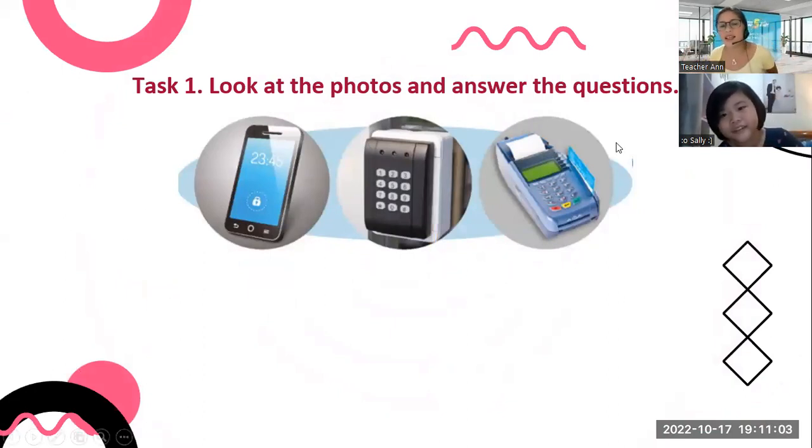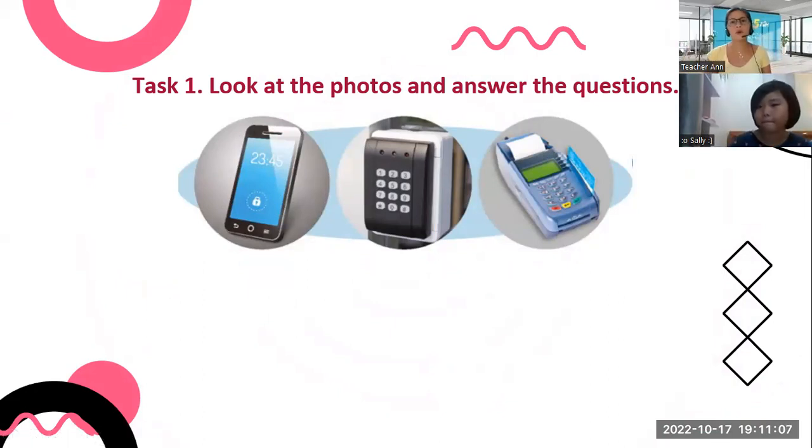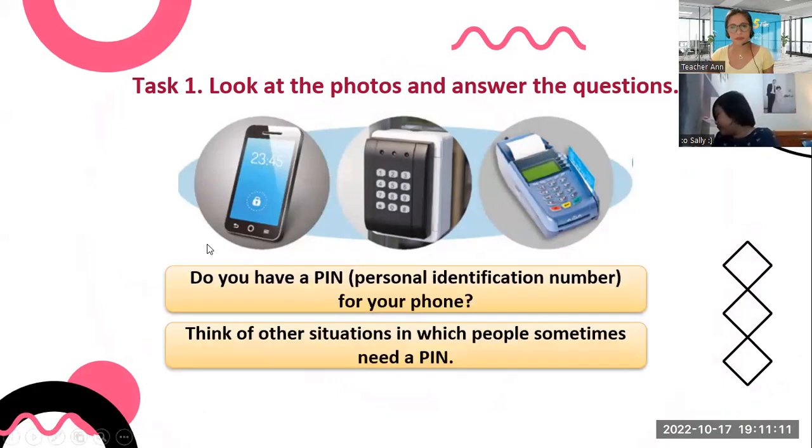Okay, so now Sally, you have to look at task one. You look at the photo and answer the question. Do you have a PIN or personal identification number for your phone? No. Okay. Think of other situations in which people sometimes need a PIN, like here in the machine, the ATM, right?